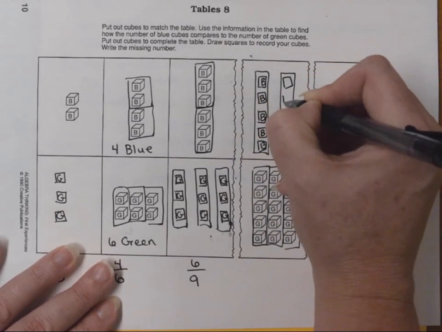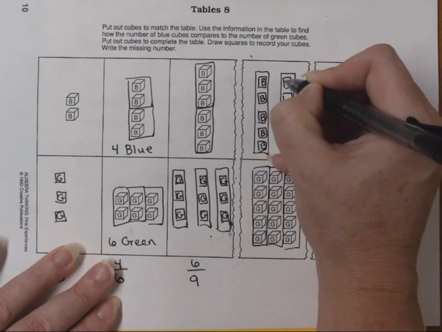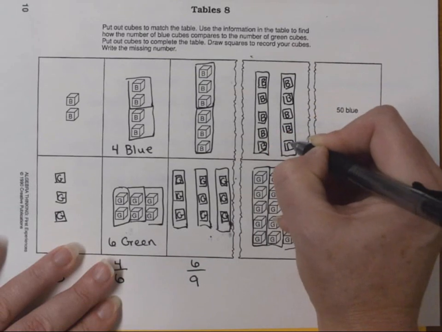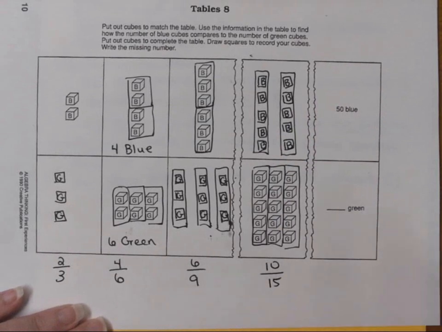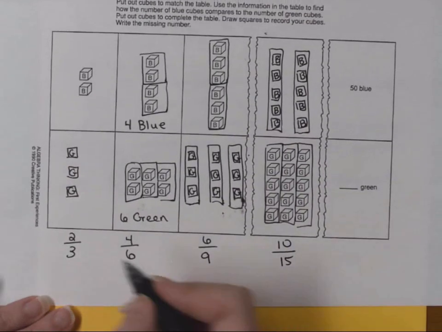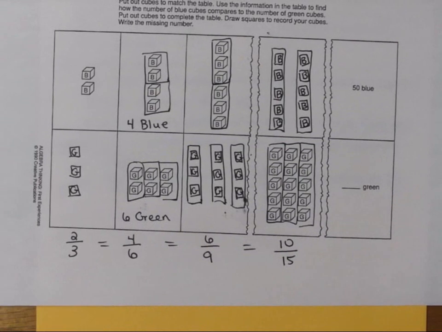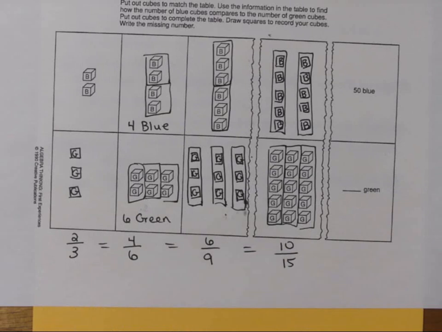And same here. So this is comparing 10 to 15. Just real quick before we do the last one, notice that all of these are equivalent. They are all what we would call proportional. All three of these reduce to 2/3.